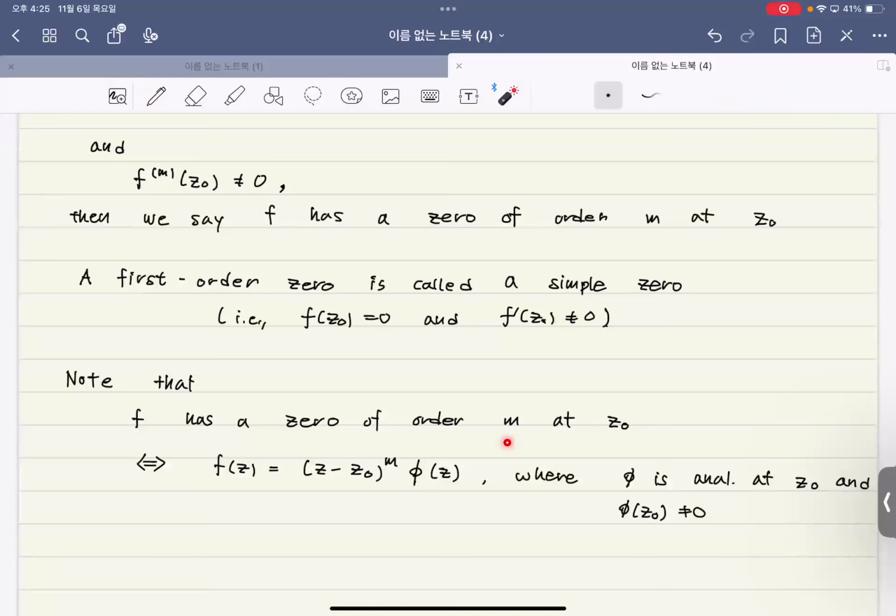These two statements are mathematically equivalent. I don't think I need to explain this, because you can just imagine the Taylor series of f around the point z0, and just factor out z minus z0 raised to the mth power, then you get the idea.